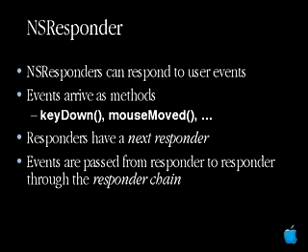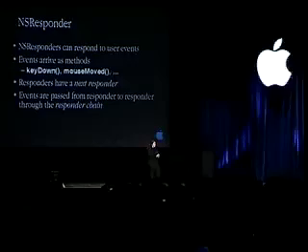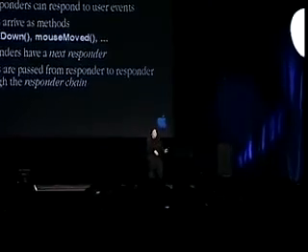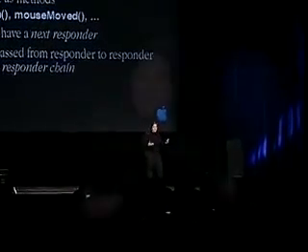And when you want to customize the behavior of a particular thing on the screen in response to an event, you just override the relevant method. All responders also maintain a notion of the next responder. The next responder is the next item that's going to get a shot at the event if you don't want to handle it. And in this way, events are passed throughout the objects in your application through what we call the responder chain.